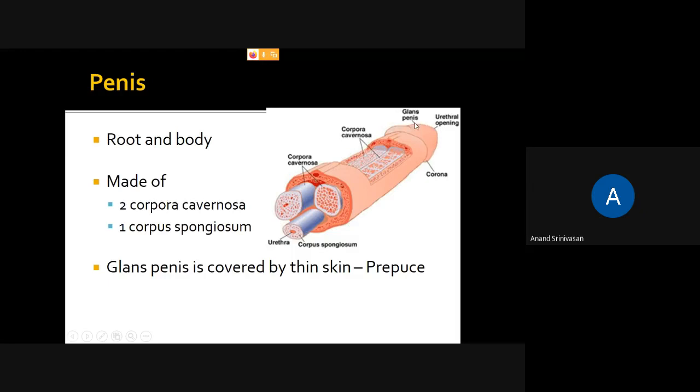The glans penis is usually covered by a thin skin called the prepuce.